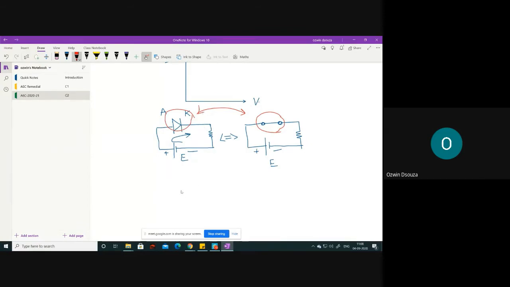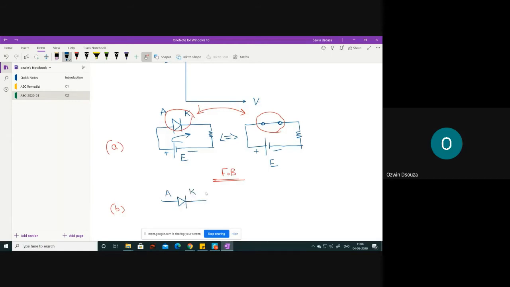Now, this is for FB, forward biasing mode. On the other hand, if you look at case B, reverse biasing mode, let us consider the same circuit symbol for the diode.